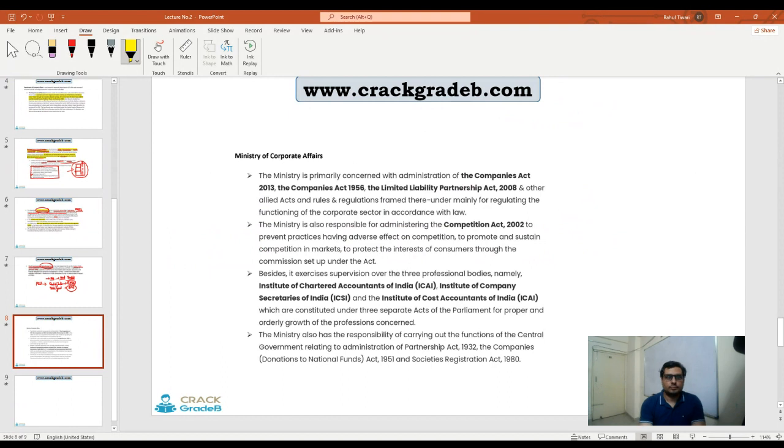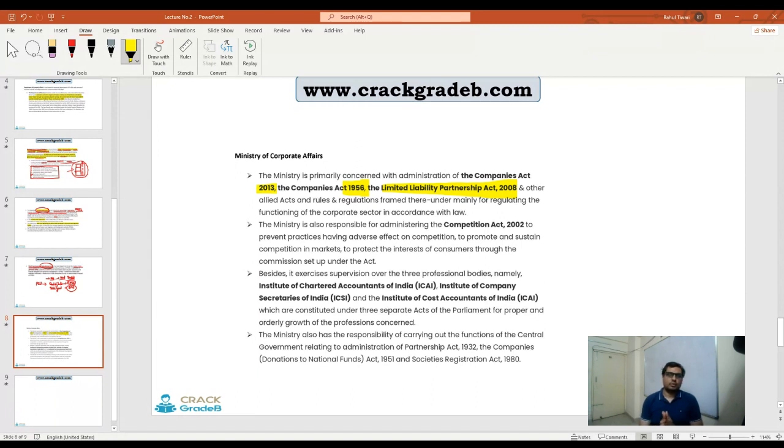Now come to the Ministry of Corporate Affairs: the Companies Act 2013, Companies Act 1956, and Limited Liability Partnership Act 2008. So in India, being a company, you must follow certain rules and regulations, right?